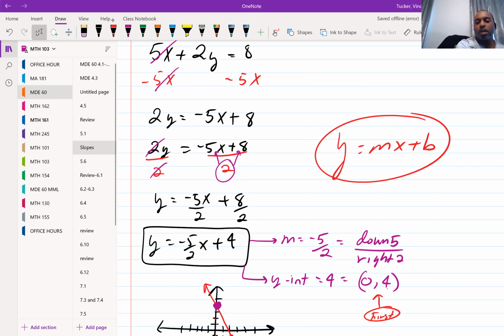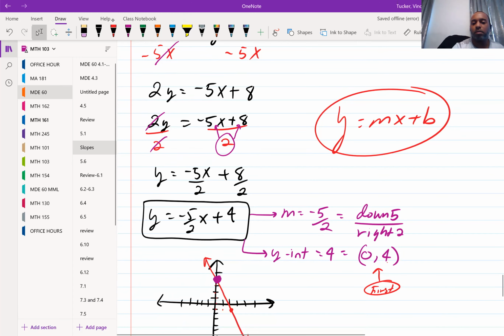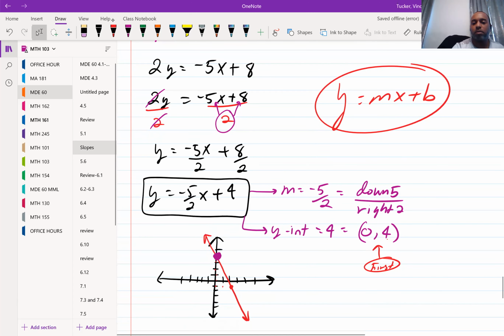Any problems with that before we graph? So first thing we did was graph that y-intercept. That's (0, 4). We just go up 4 on the y-axis.